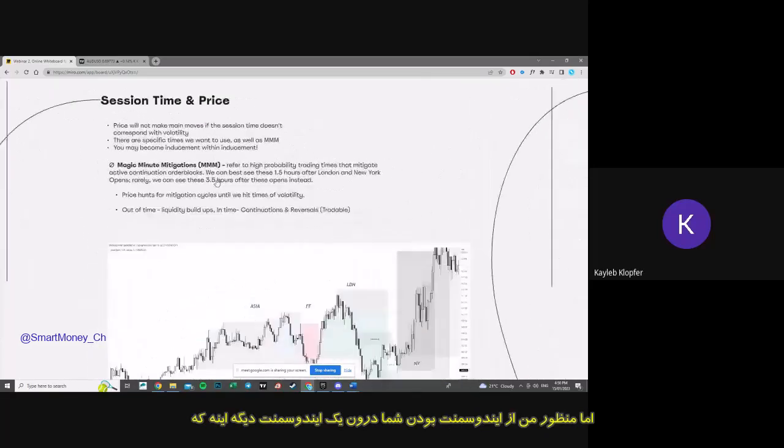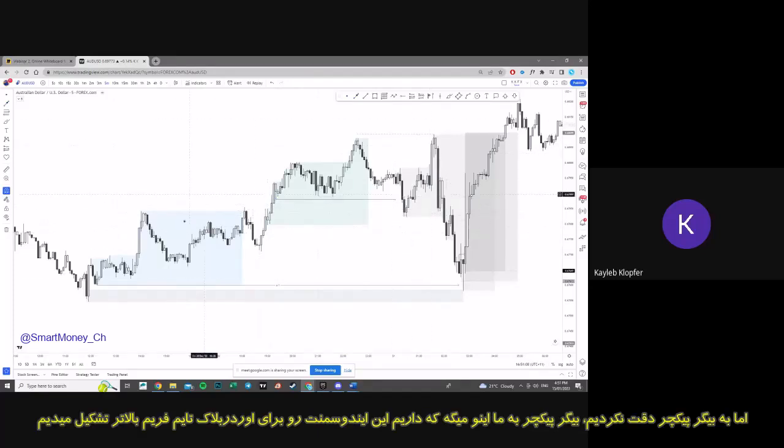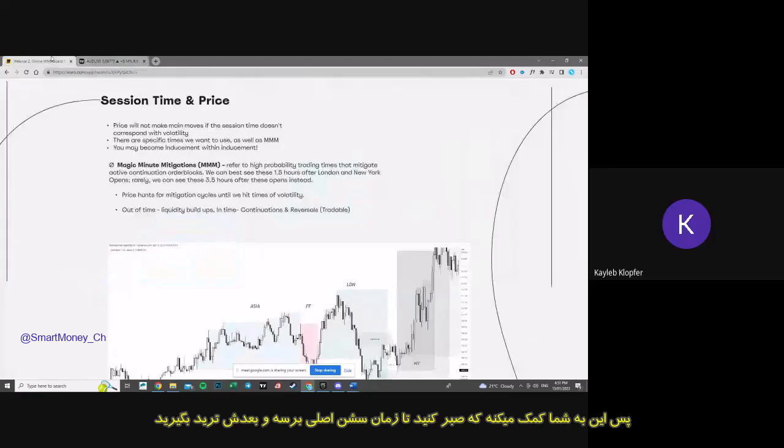When I say you may become inducement within inducement, it's saying that, in this case, if you're looking to trade in here, we have an inducement sweep here, and we might take a buy here, but we're not seeing the bigger picture. The bigger picture is that we're creating inducement for a higher time frame order block. So it ensures you sit on your hands and wait for that session time to come into play.